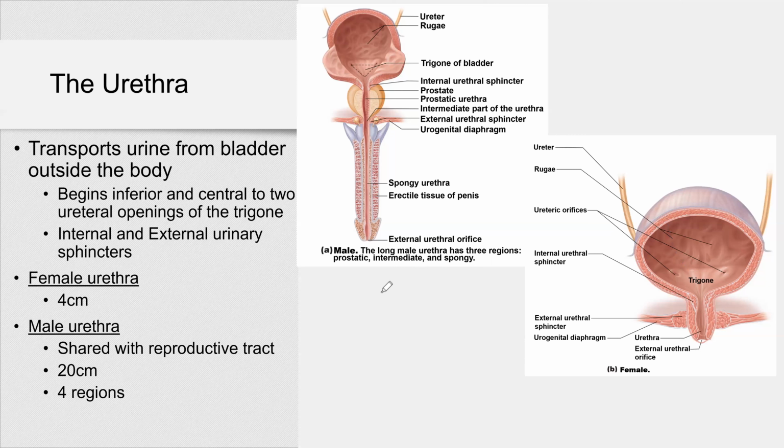Now, the male and female urethra are different. Well, first of all, the male urethra is inside the penis, so it's a pretty long structure, about 20 centimeters long, and the female urethra is short, and it does have some clinical significance, because if you have a short urethra, and the urethra opens to the exterior, there is a higher chance that bacteria will move through a short urethra inside the bladder, and females have a higher chance of having inflammation of the urinary bladder, right?